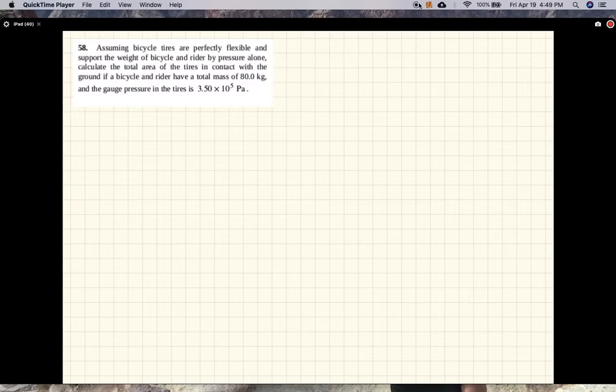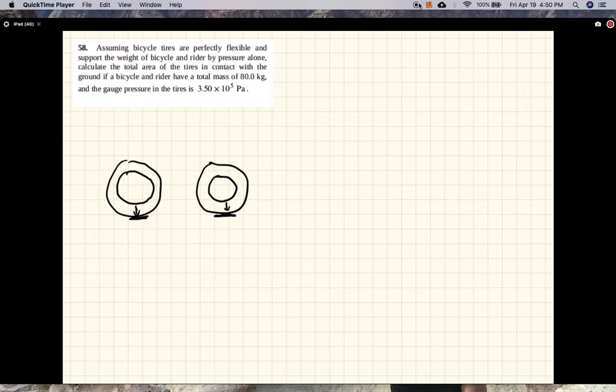Alright, so let's draw a diagram first. I'm just going to draw the wheels. Here's the air pressure in the tires, and here's the area of contact.